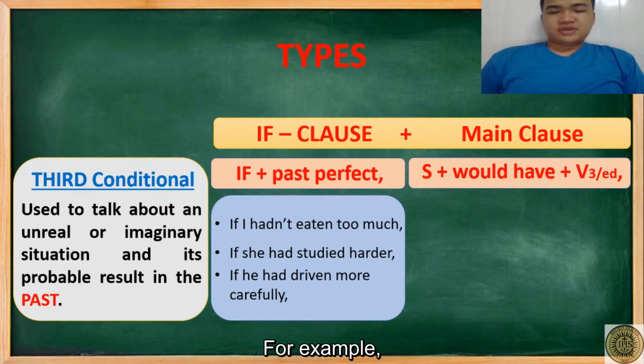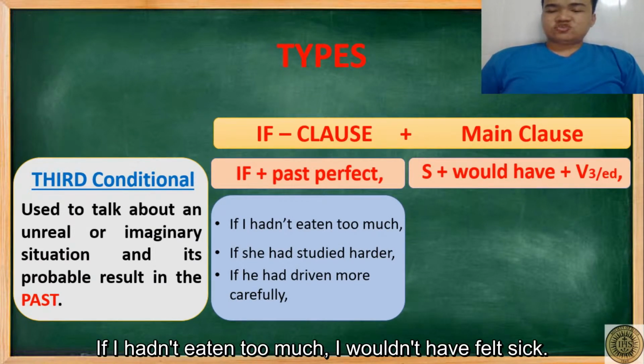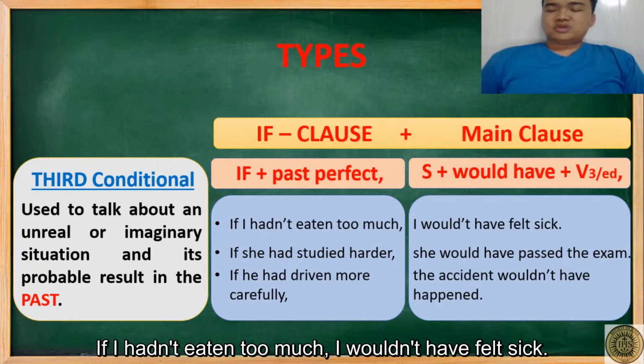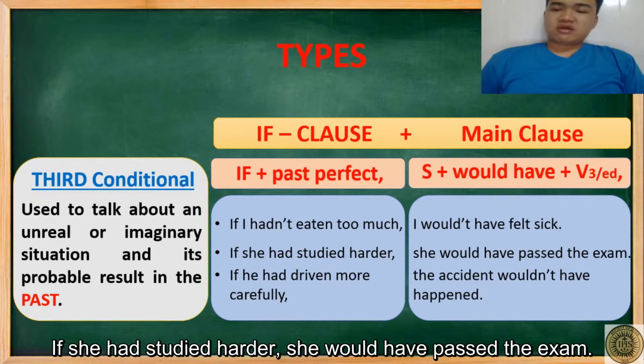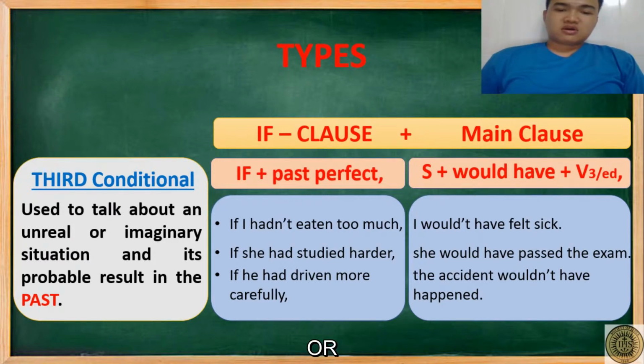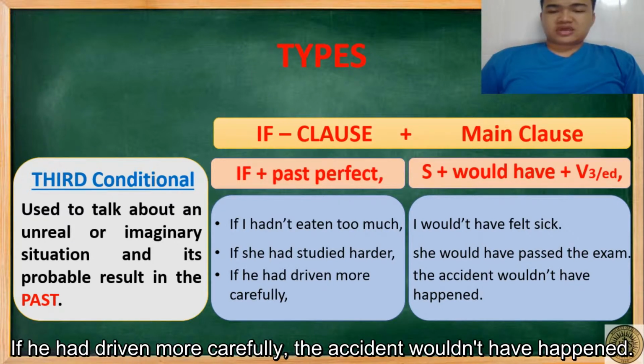For example, if I hadn't eaten too much, I wouldn't have felt sick. Or, if she had studied harder, she would have passed the exam. Or, if he had driven more carefully, the accident wouldn't have happened.